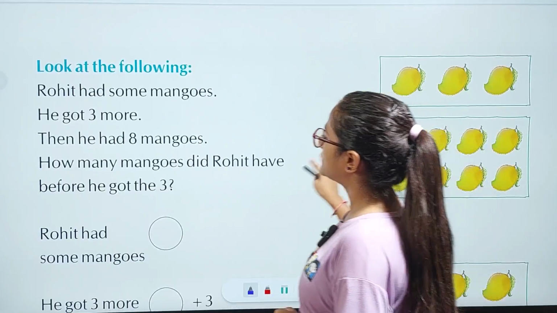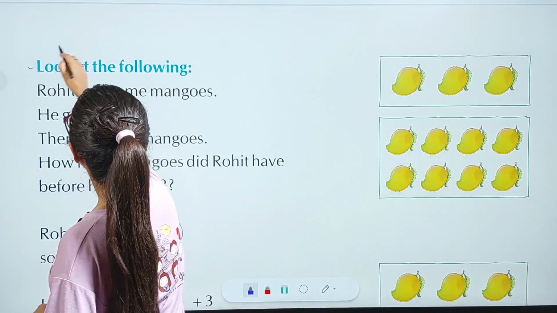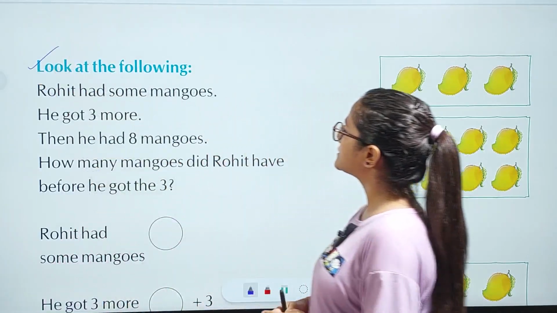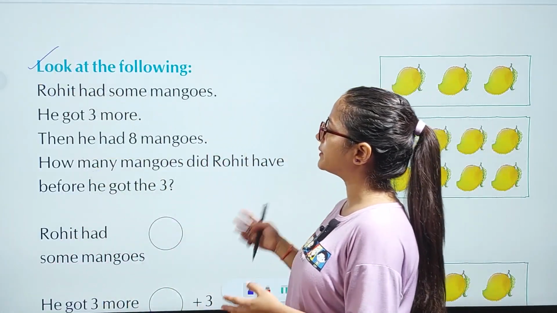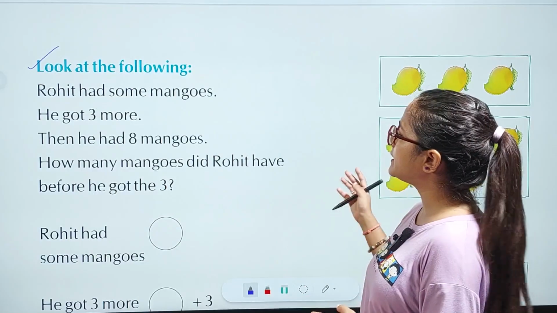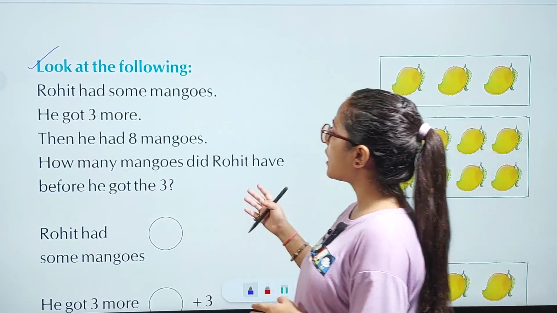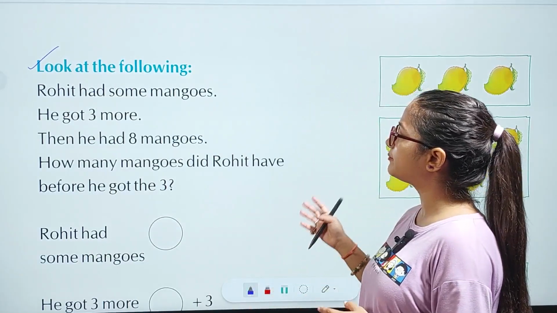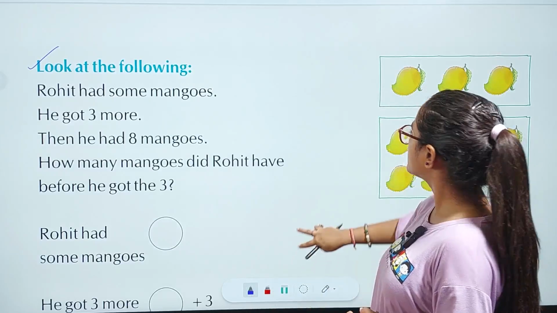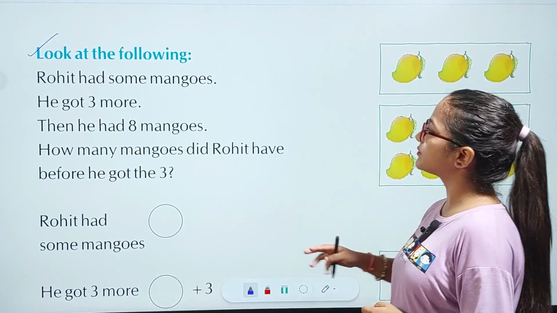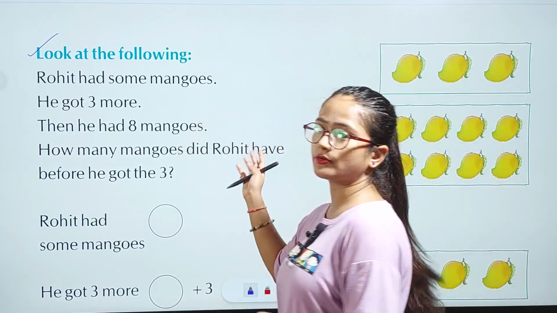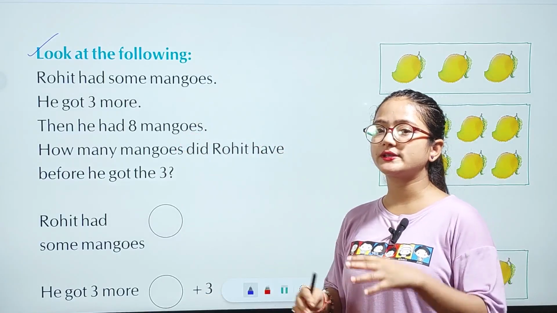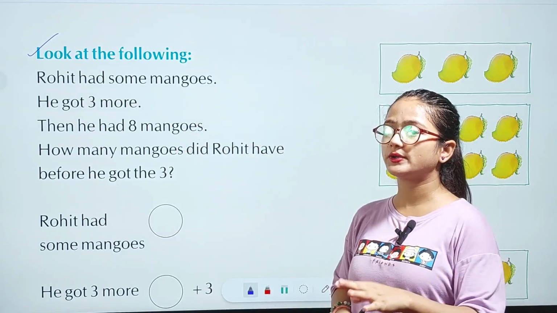Now students, look at the following. Rohit had some mangoes, he got 3 more. Then he had 8 mangoes. How many mangoes did Rohit have before he got the 3? Now they are saying that Rohit had some mangoes. Here it does not describe how many mangoes Rohit had.